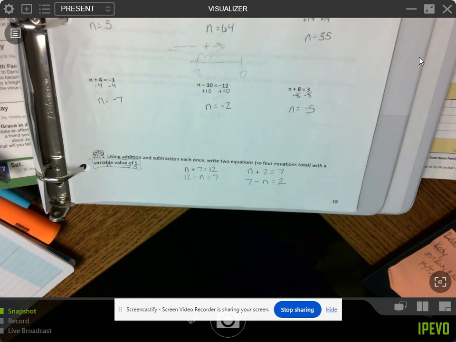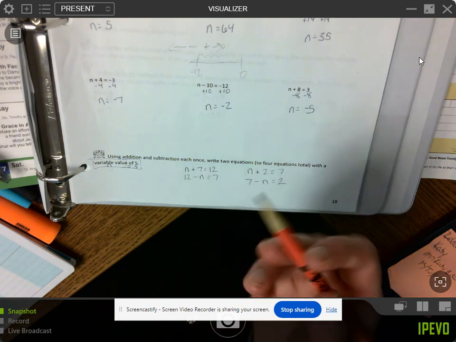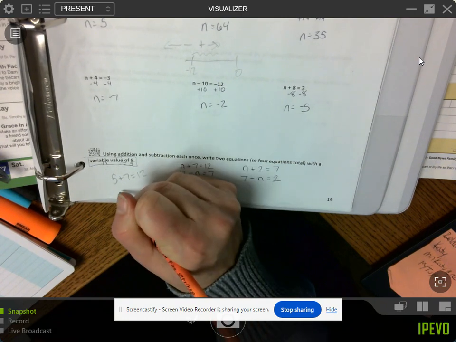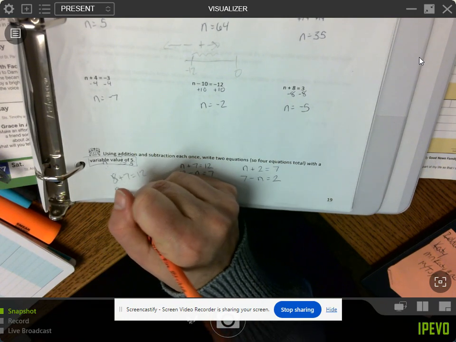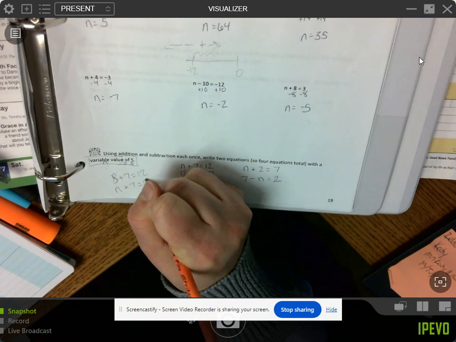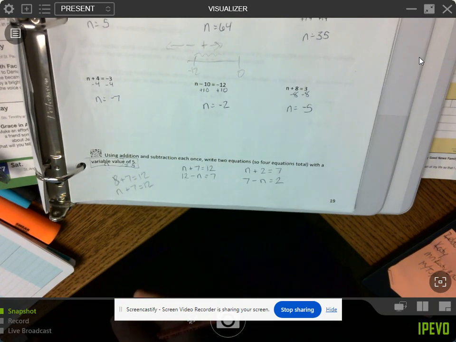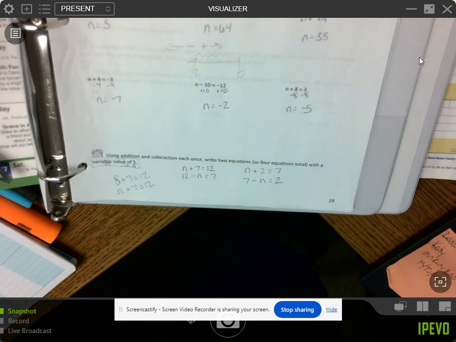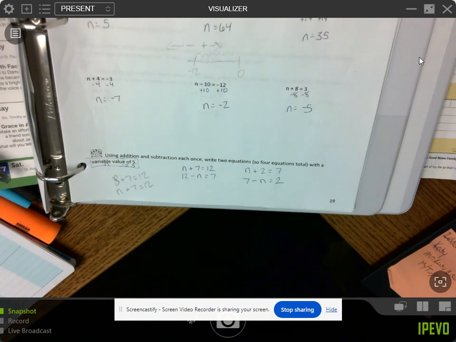So when we're doing that variable equals this, you could do, well, I know 5 plus 7 equals 12, and then you change out that 5 and you put the n in for it. Does that make sense? So you want the variable, and you want your variable to equal 5, not the answer to your problem.